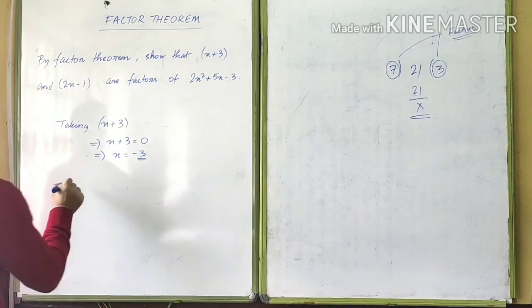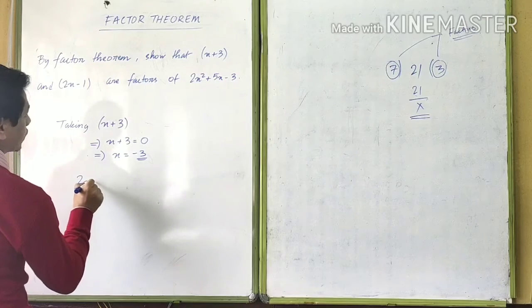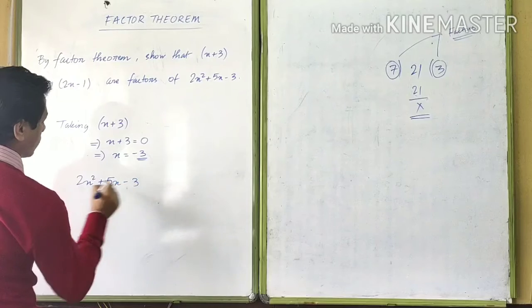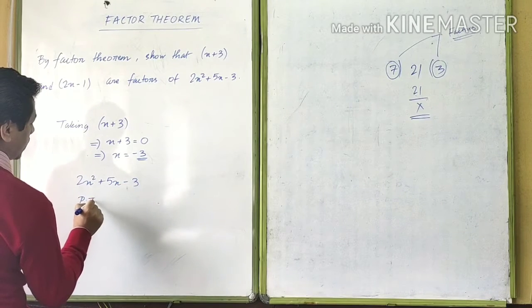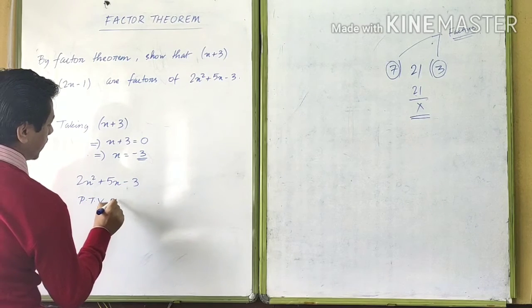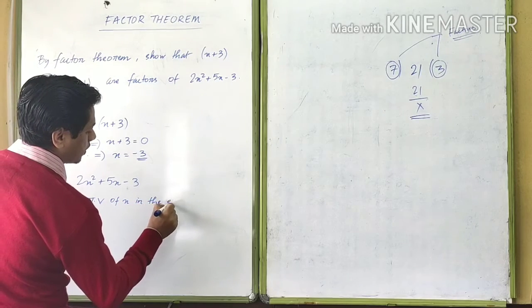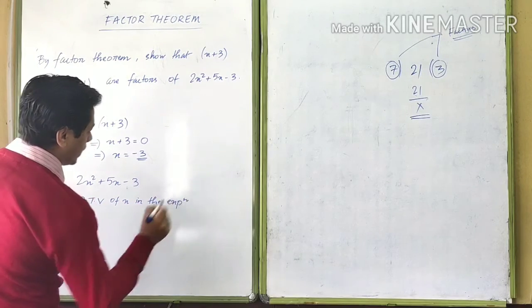Now we are going to copy the expression and put the value of x in the expression, just like we used to do in remainder theorem.